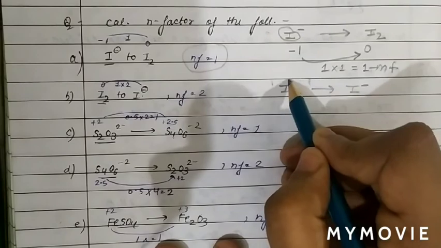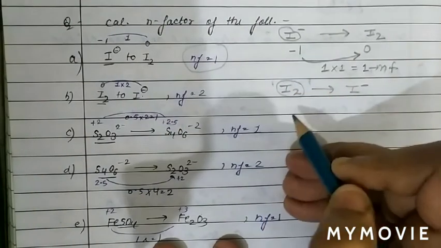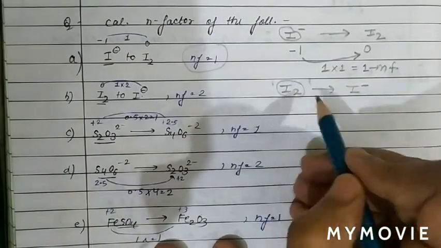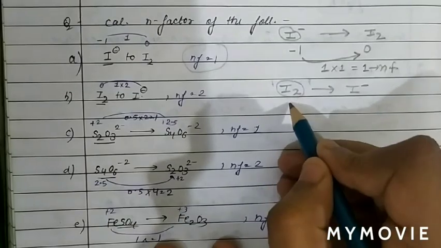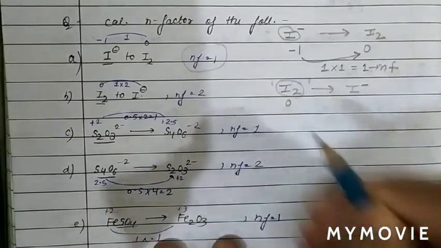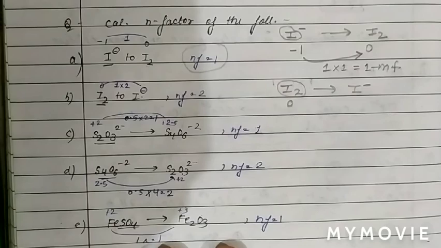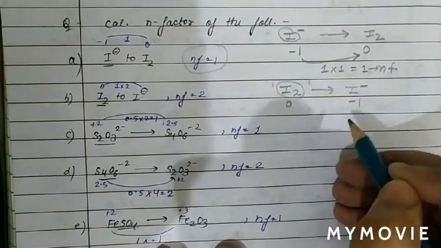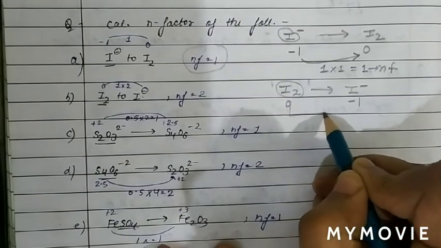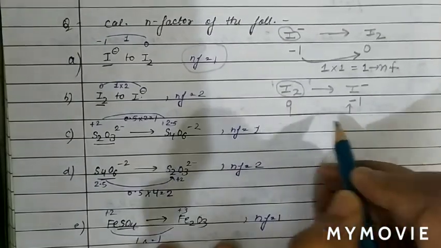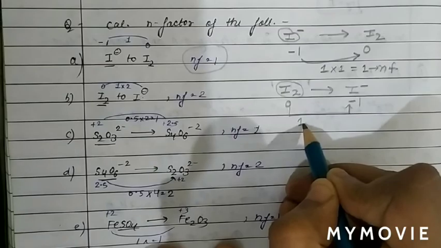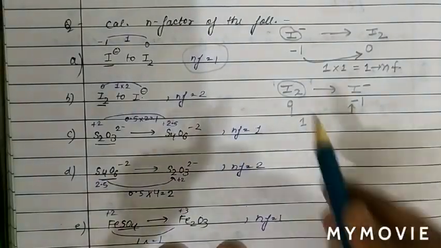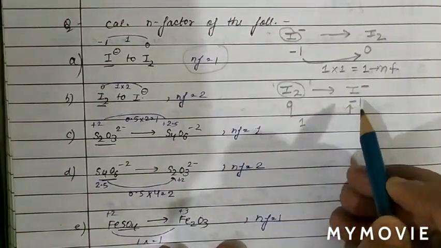It means the oxidation number changes by 1 for a single atom. But how many atoms of I are present on the left hand side? 2 atoms. Therefore multiply by atoms. So this is the overall change, and overall change is called n factor. So we can see that the n factor for this reaction when I2 changes into I minus is 2.